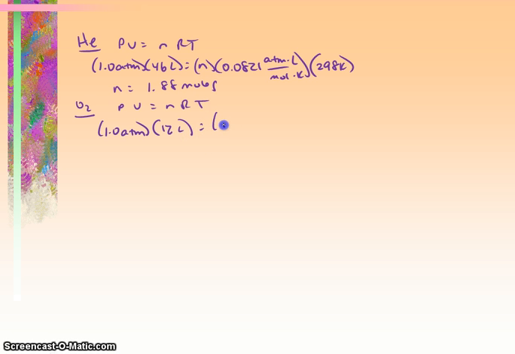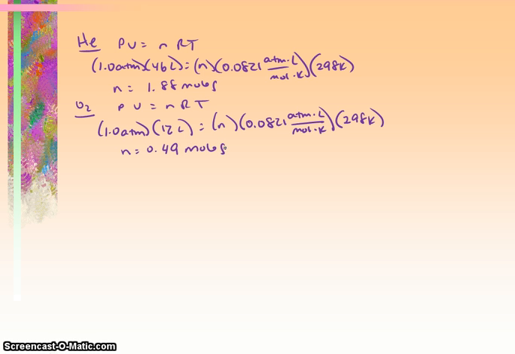We don't know how much. 0.0821 atm liter per mole Kelvin. And we'll add 273 to our temperature to get Kelvin, so that'll give us 298 Kelvin. So we'll get 0.49 moles of oxygen gas.